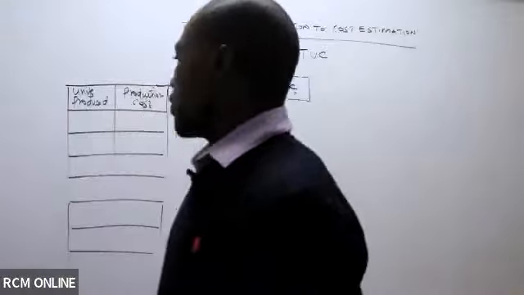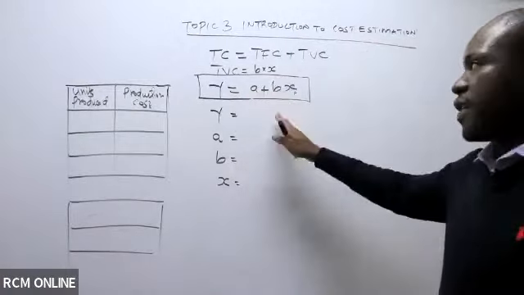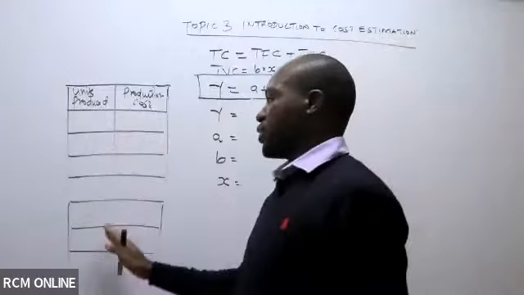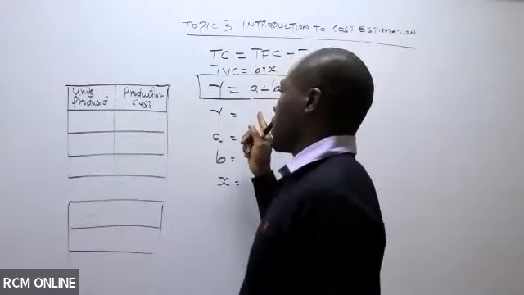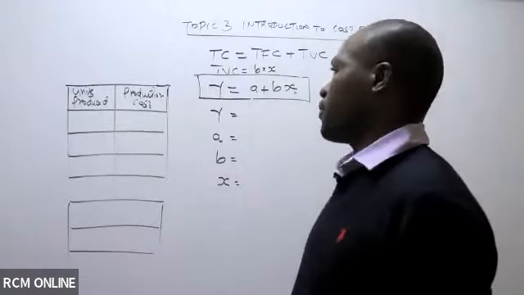Good. So introduction to cost estimation, and this is the simplified function. I want to use this illustration, this sample data here, to understand the definition of each component of the cost function.